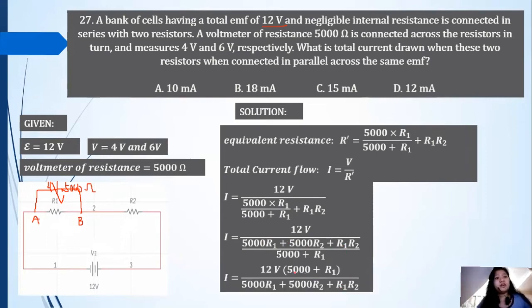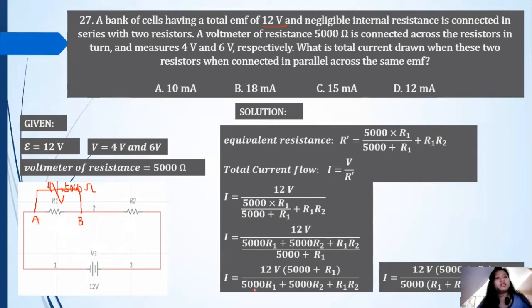Since this is a denominator, we can reciprocate it and it will multiply to the numerator. So we have 12 volts times 5,000 plus R1 over 5,000 R1 plus 5,000 R2 plus R1 R2.